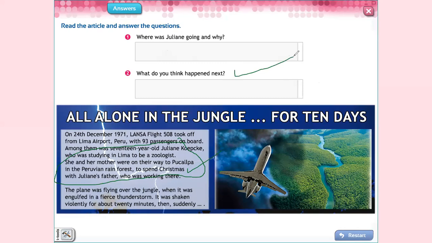What do you think happened next? The plane was flying over the jungle, look at the next figure on the right, when it was engulfed in a fierce thunderstorm, it was shaken violently for about 20 minutes. Then suddenly, what do you think happened to the plane? A turbulence. Yeah, there was a turbulence. What else?